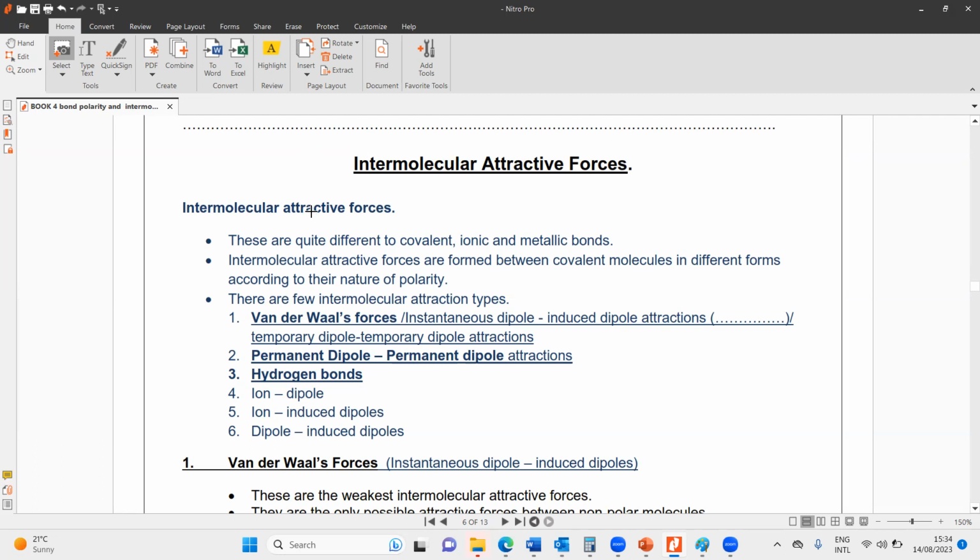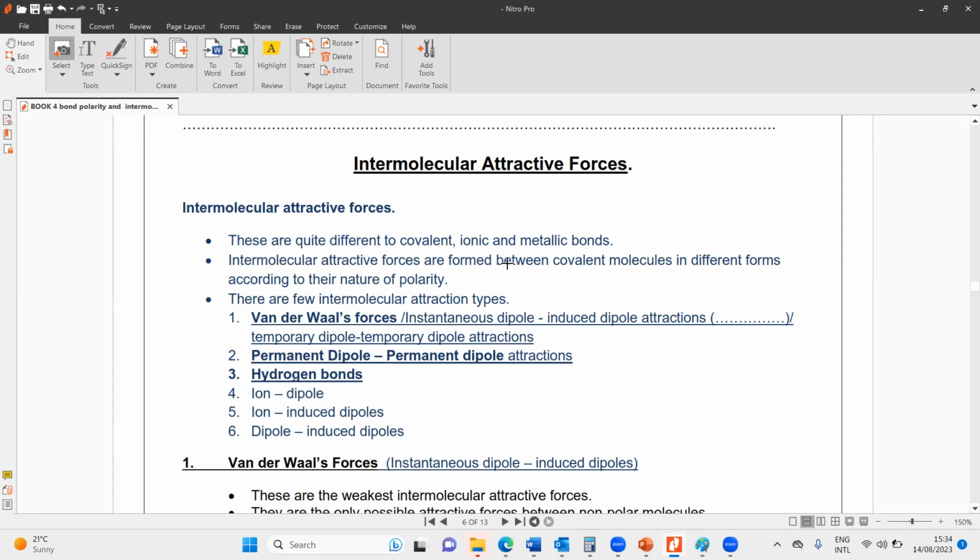Intermolecular attractive forces are quite different to covalent, ionic, and metallic bonds. Those are main bonds, but intermolecular attractive forces are not those things. They are formed between covalent molecules in different forms, according to their nature of polarity.